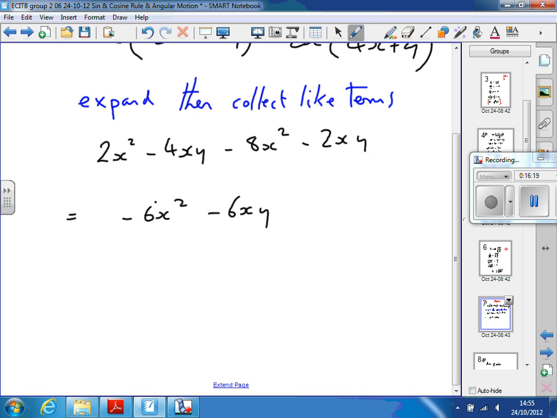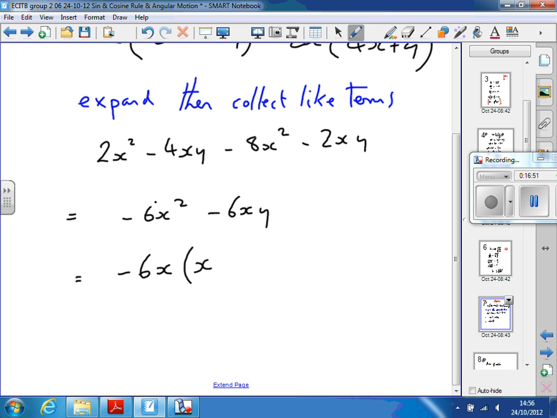I can go further. Because minus 6 is common to both of those, I can take it outside a bracket, i.e. I can factorise. And also, there's an x in both of those terms, so I can take an x outside the bracket. So I can actually factorise it and take a minus 6x outside the bracket. What have I got to times minus 6x by to get minus 6x squared?